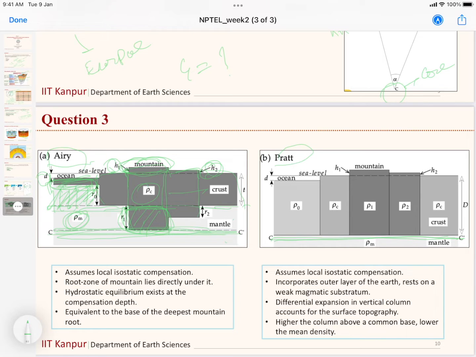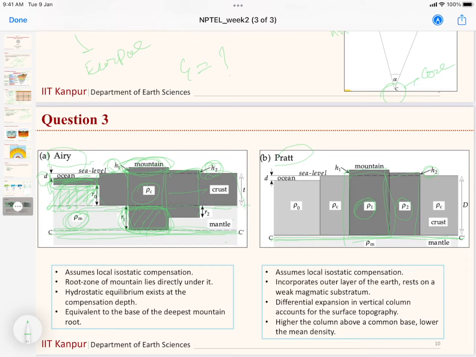So here you can see the region where we have the mountain. This block that I am highlighting with the green color, you can see here we have a rho 1 density. And for the block where we have another mountain which has the lesser height, we have a rho 2 density.